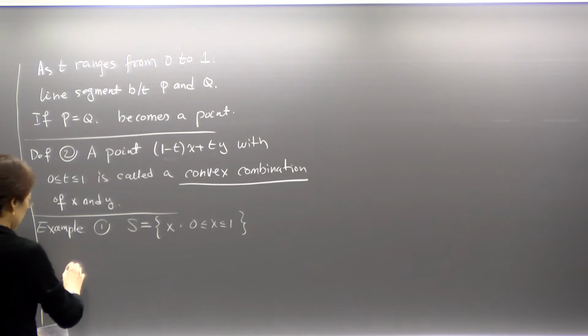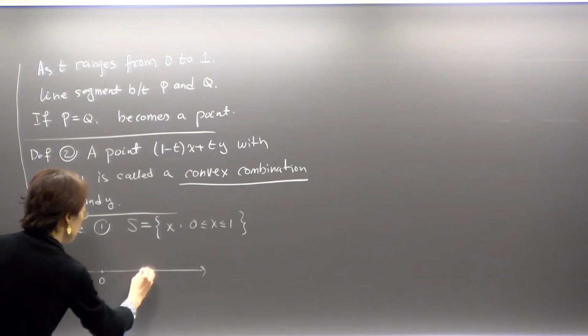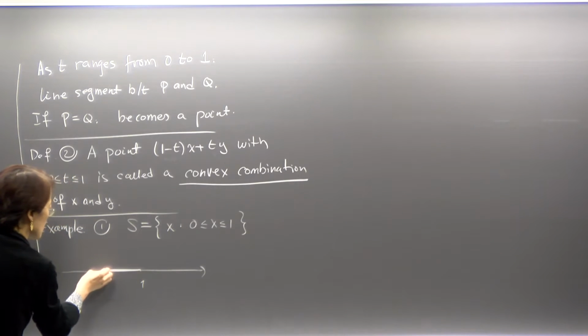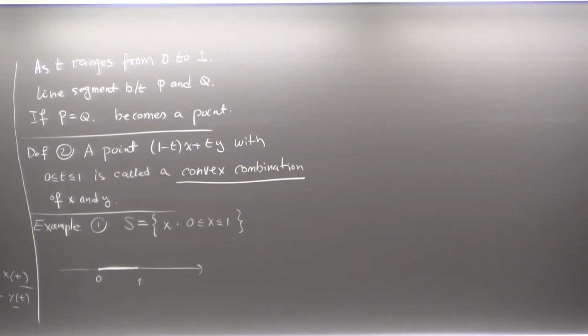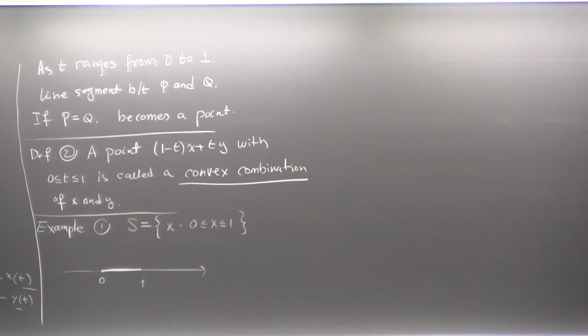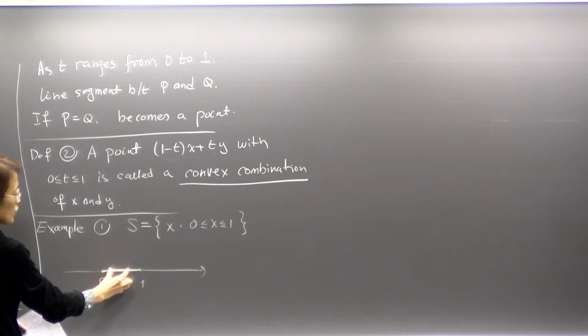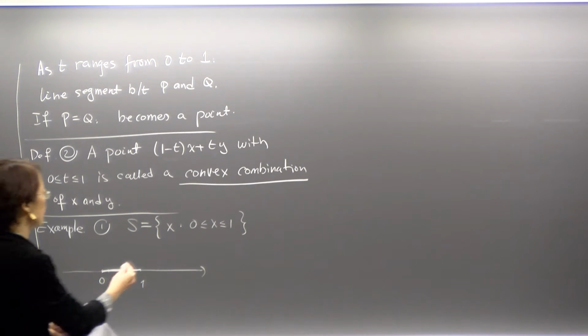So you have a line here, x, and a point 0, and a point 1, and the interval between 0 and 1, including the end points, is my set S. Do you think it's convex? If I take any 2 points in my set and connect them, will this segment lie in the set? Yes, is that right? So this is convex.